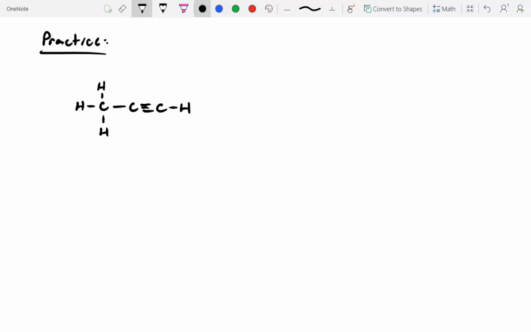We'll do bond line structure. Remember, you don't have to show hydrogens. How many people think they've got it? A few people? I'll give you guys another little bit.